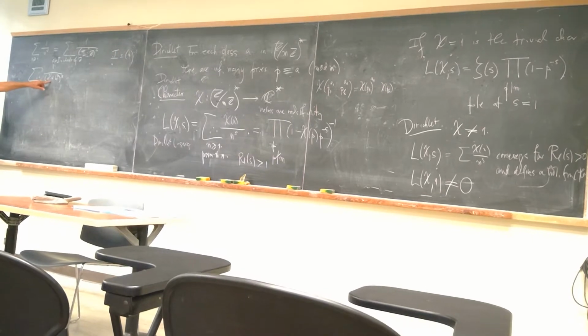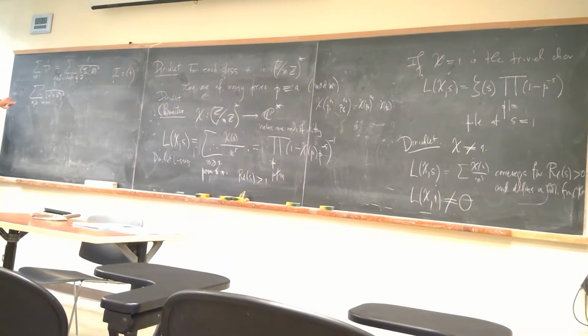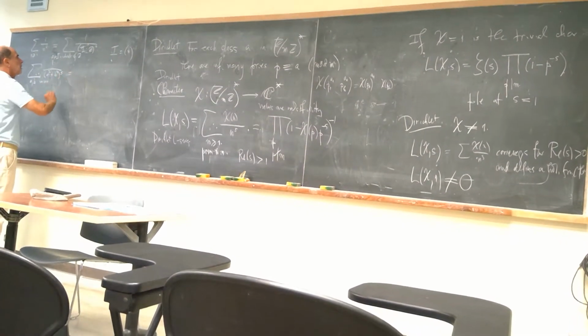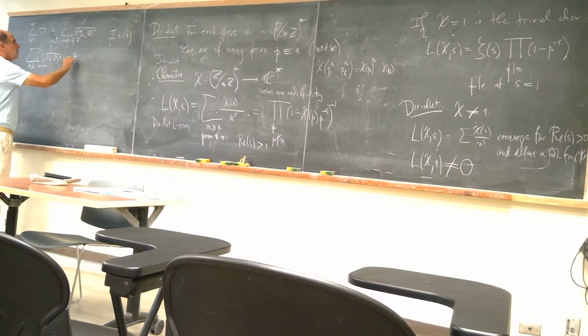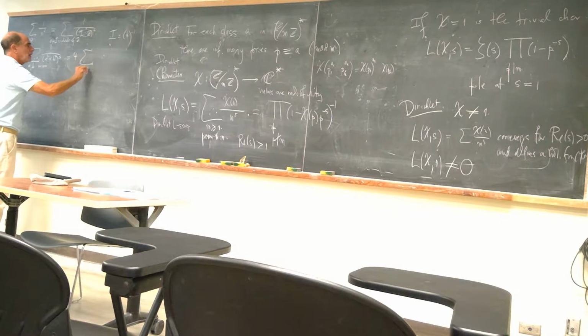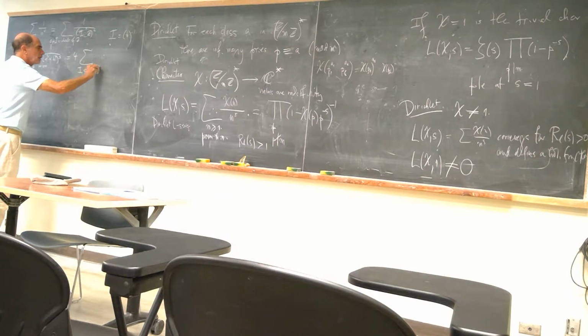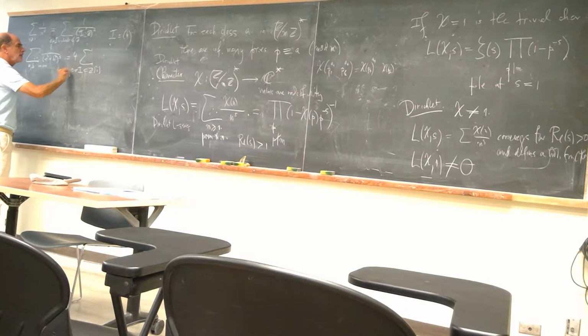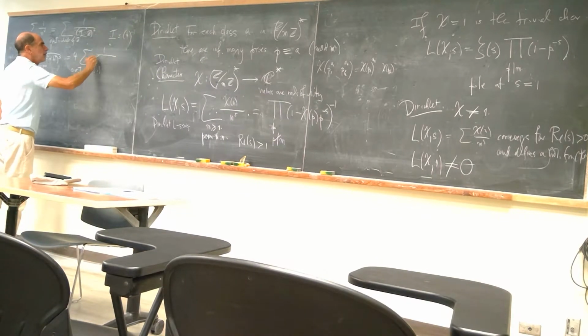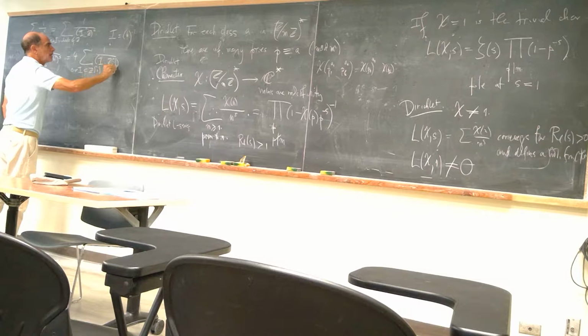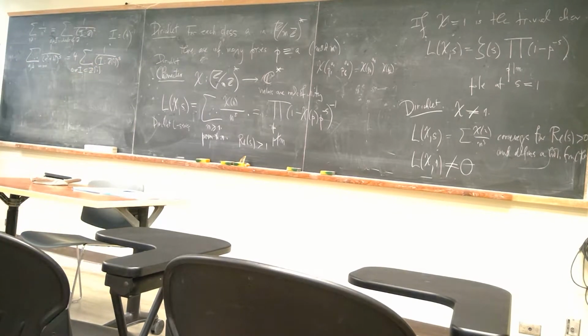Okay, now what about this? Well, this is the same thing if you sum over it. This could be written as 4 times the sum over the non-zero ideals in the Gaussian integers of 1 over the index. So in some sense, it's a counting function for ideals in the Gaussian integers.